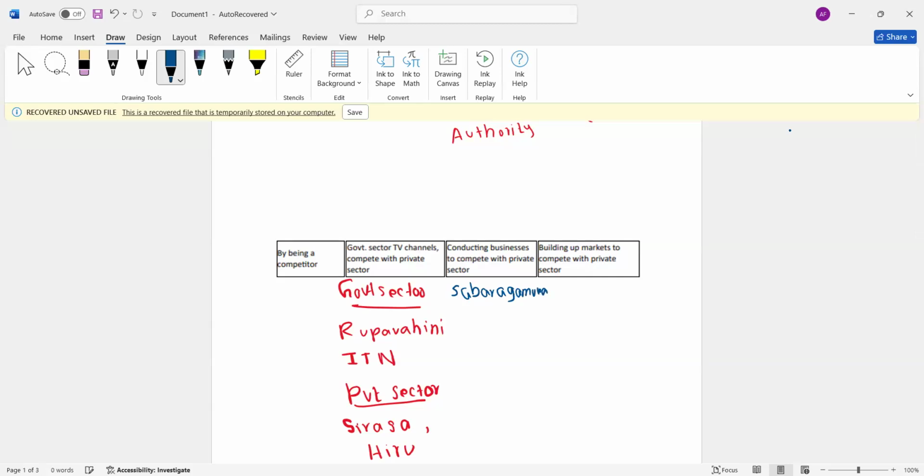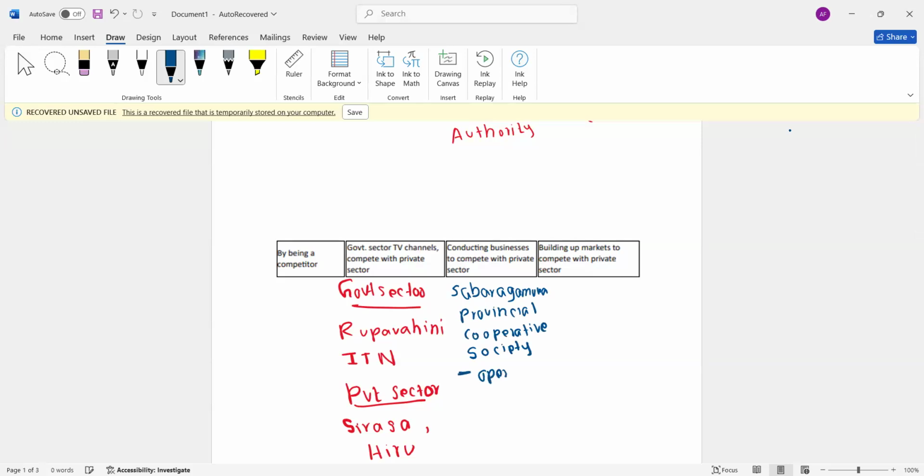For your understanding, I'm giving all this. Provincial Cooperative Society. What do they operate?